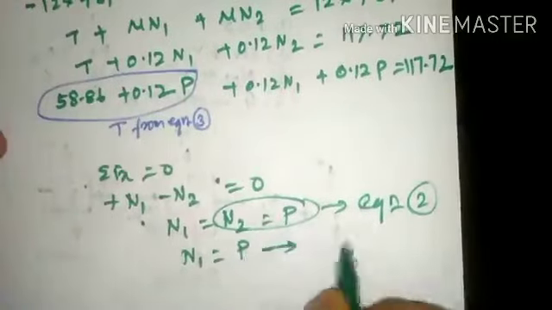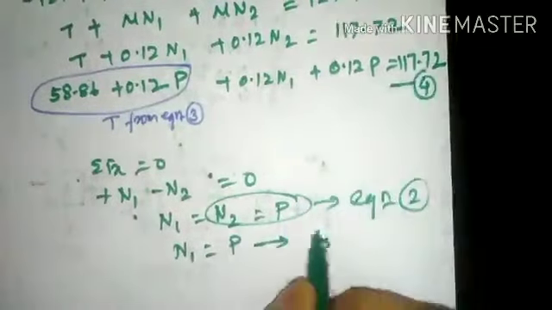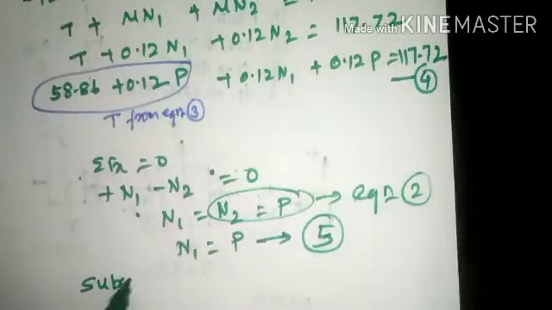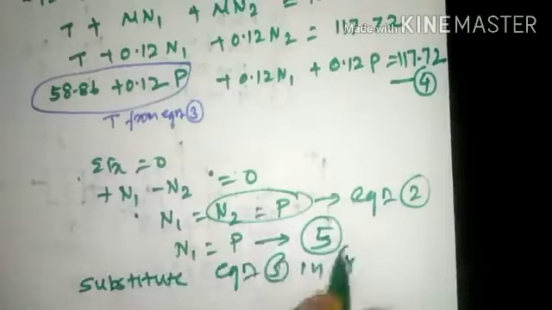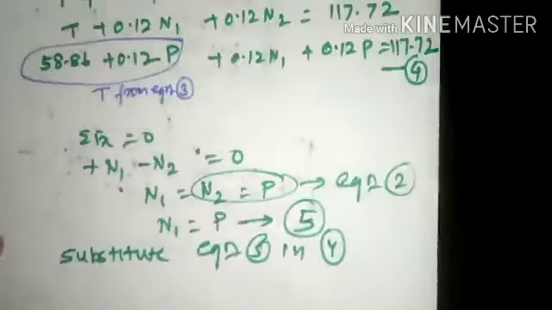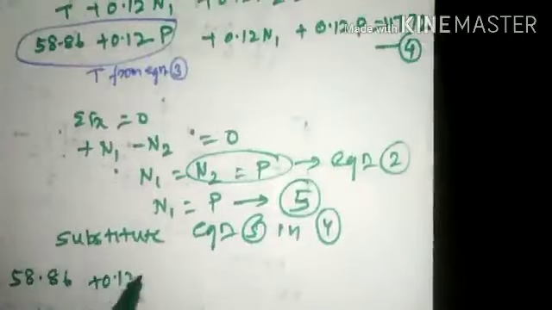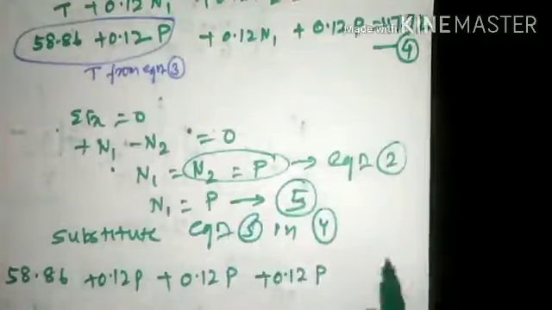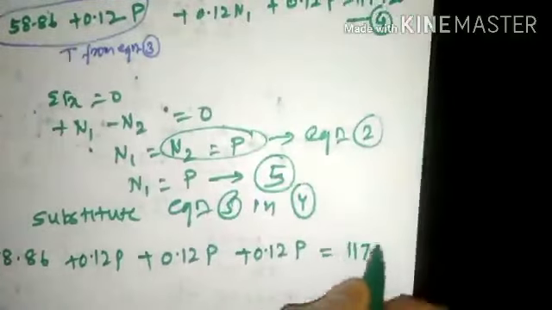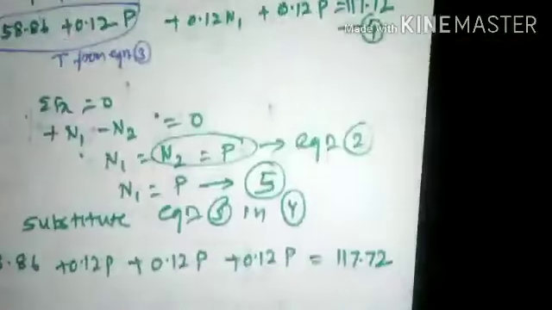This N1 equation is equation 4, and this you can call equation 5. Substitute equation 5 in 4. When I substitute and rewrite, it becomes 58.86 plus 0.12 times of P plus 0.12 times of P, N1 is again P, plus 0.12 times of P is equal to 117.72, that is 12 into 9.81.